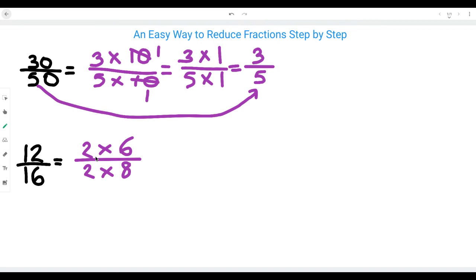So I see we have two numbers that can cancel out. So 2 into 2, 1. 2 into 2, 1. So now we remain with 1 times 6 over 1 times 8.